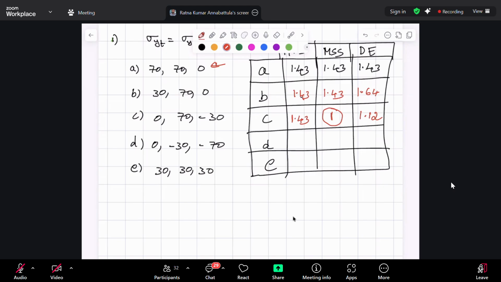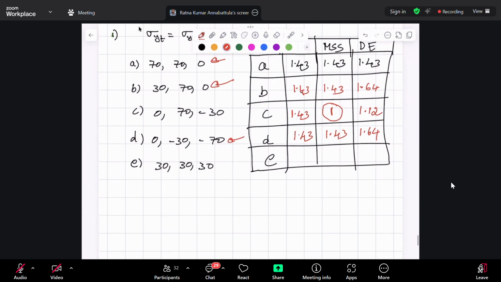Sir, stress state D is 1.43 for MNS, MSS 1.43, and for distortion energy I'm getting 1.64, sir. So it will be same as B, isn't it? Because it's just the change of sign, that's all. Yeah.